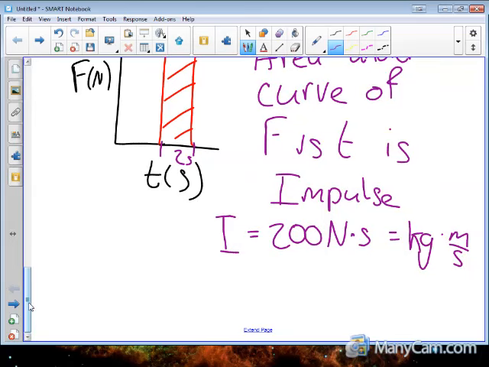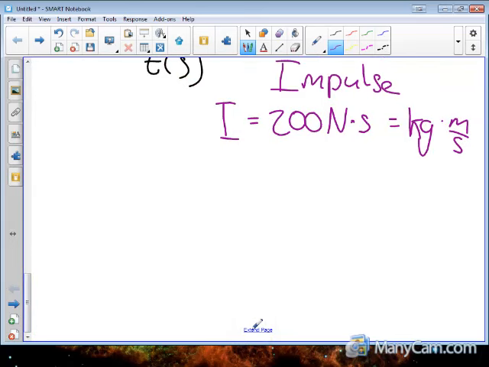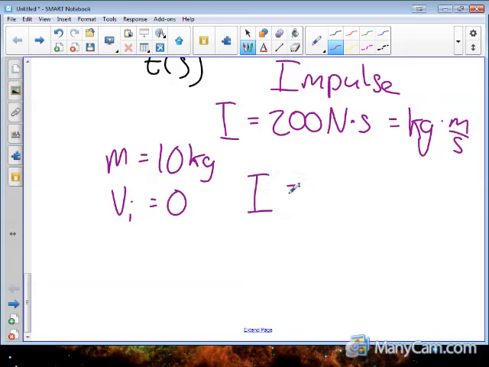So if I know the mass was, I said, 10 kilograms, and V initial was 0, I can use the equation that I, our change in momentum, is equal to m times V final minus V initial. I know that's the area underneath my curve.